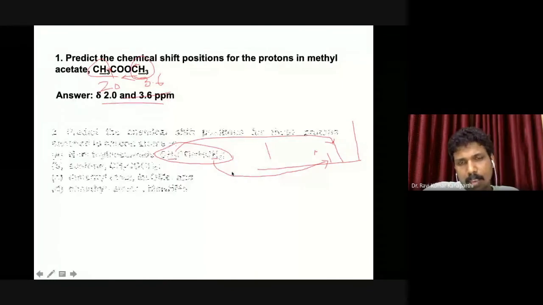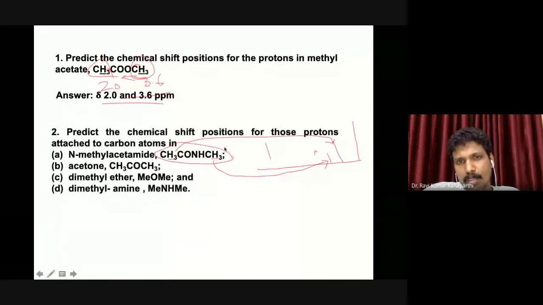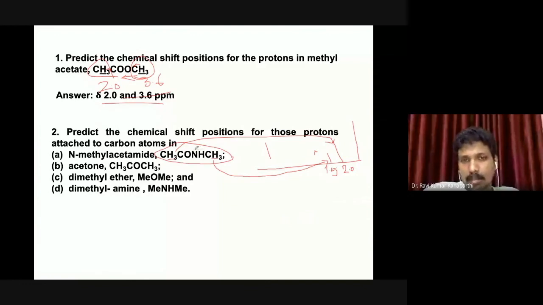So this will be roughly 1.5, and this will be roughly above 2. Why am I saying above 2? Because it is connected to an electron withdrawing, highly electronegative atom, nitrogen. That is the reason why.